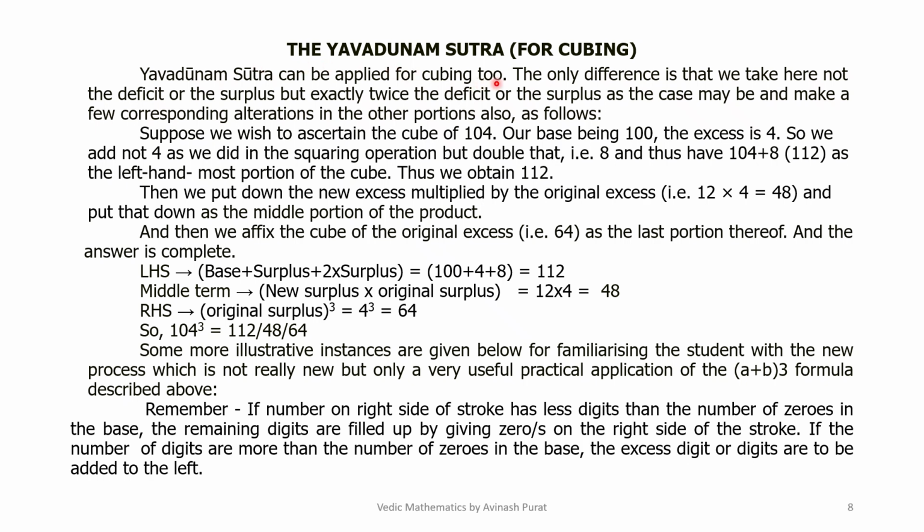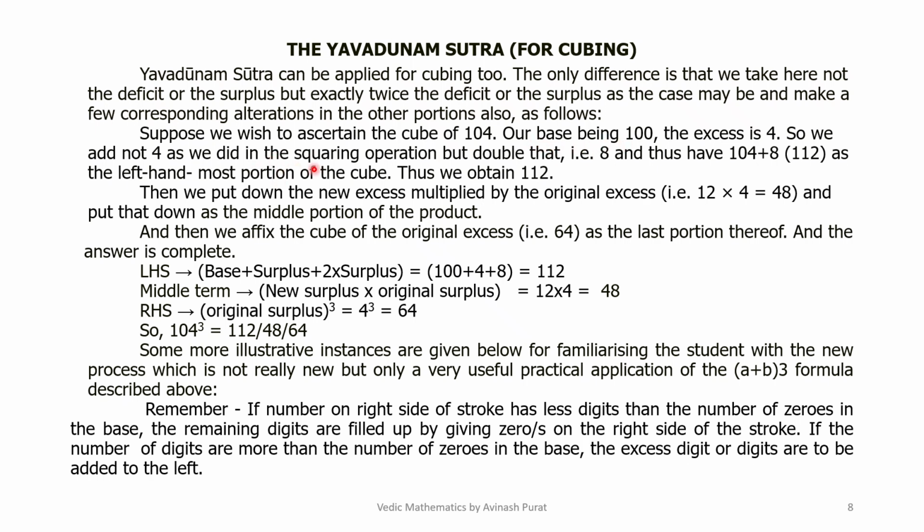The Yavadunam Sutra for cubing. The Yavadunam Sutra can be applied for cubing too. The only difference is that we take here not the deficit or the surplus, but exactly twice the deficit or the surplus, as the case may be, and make a few corresponding alterations in the other positions also, as follows.